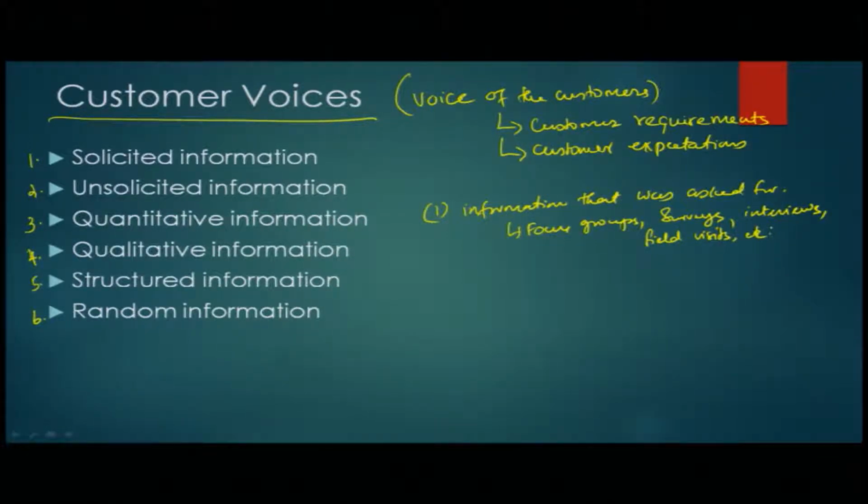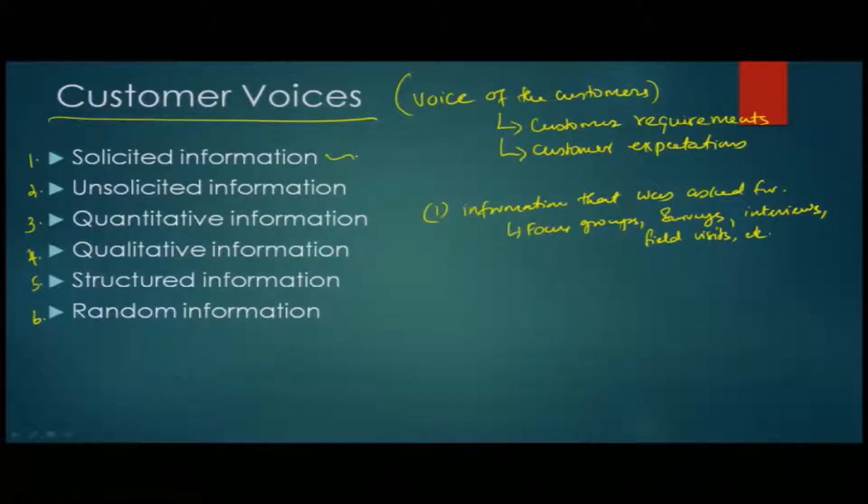Okay. One of the example videos that we saw in this class is also a form of solicited customer information. This is typically, on an average, about 80 to 85% of the information that is required in the design of a system, and it comes through what we call solicited information.